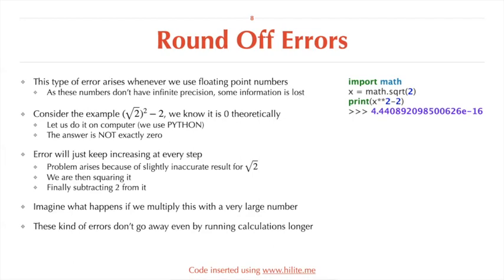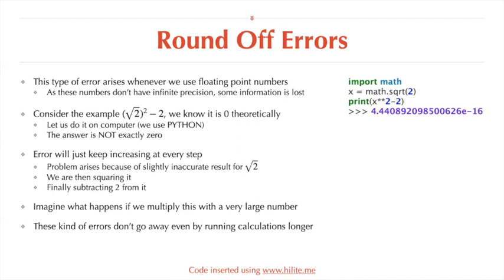In the previous, Rahul, may I ask something? Yeah, please go ahead. As you said in the previous slide, because of the non-repeatability and non-periodicity of square root of 2, we end up with some non-zero numbers. And when you square it, that again adds on to the errors.